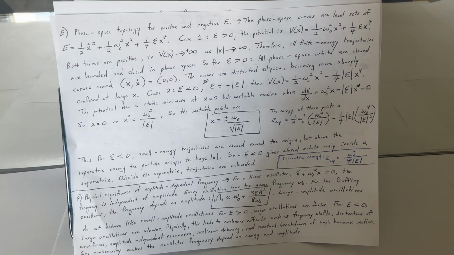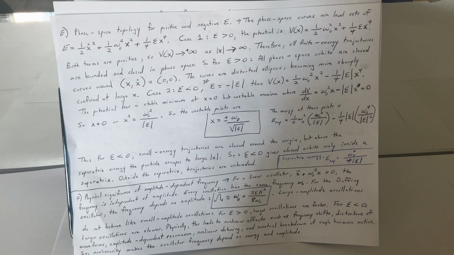Case 2, epsilon is less than 0. If epsilon is equal to negative absolute value of epsilon, then V of x equals 1/2 omega naught squared x squared minus 1/4 absolute value of epsilon times x to the 4th.